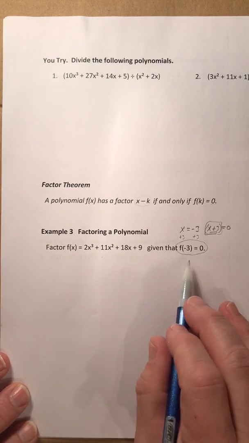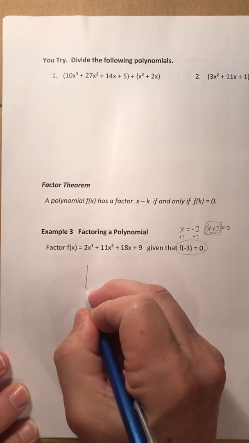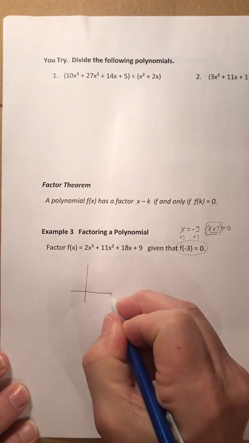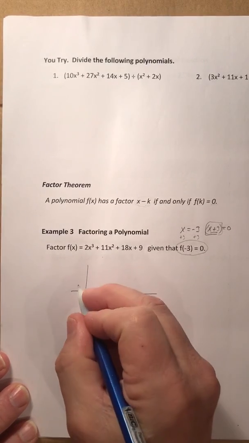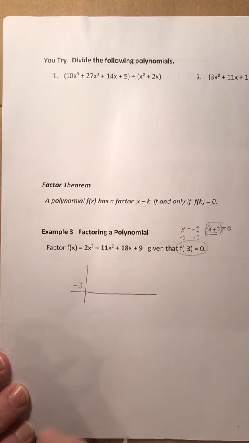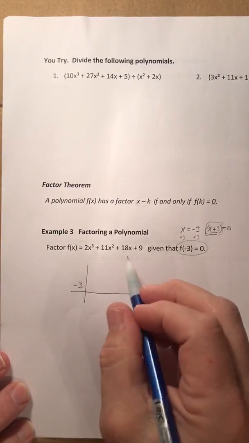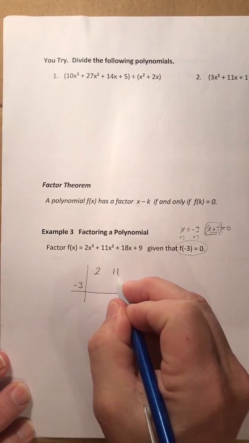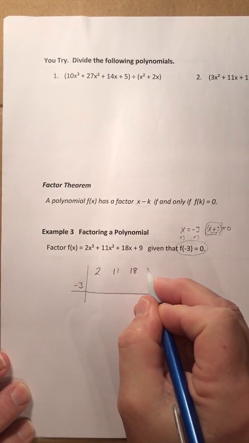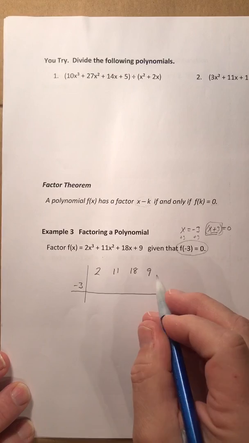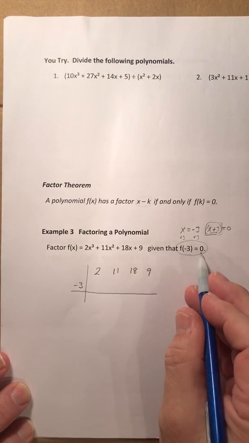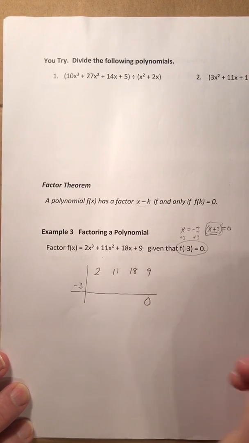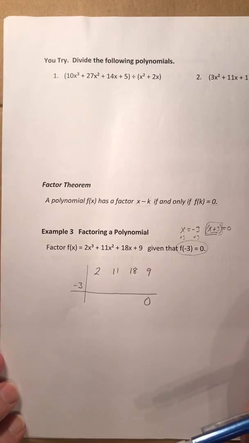We're going to take it out synthetically, so we set this up. Our negative 3 goes out front. Now we have all of our coefficients: a 2, an 11, an 18, and a 9. They told us the remainder is 0, so we better get a 0 here. If we don't, then we know we did something wrong.